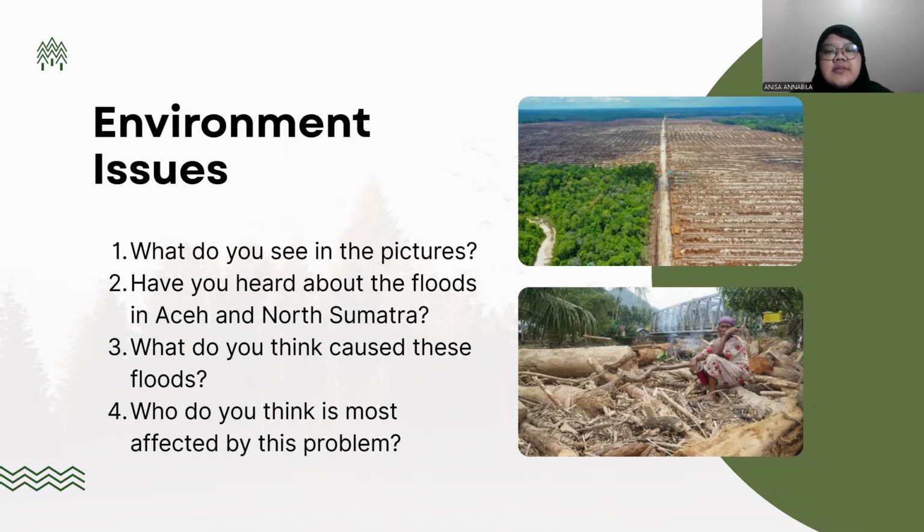What do you see in the picture? There are two pictures. All right, there's the deforestation. There's so many. Can you see? The second photo, there's so much wood that has already been cut, banyak yang ditebang, and yeah, so chaos.